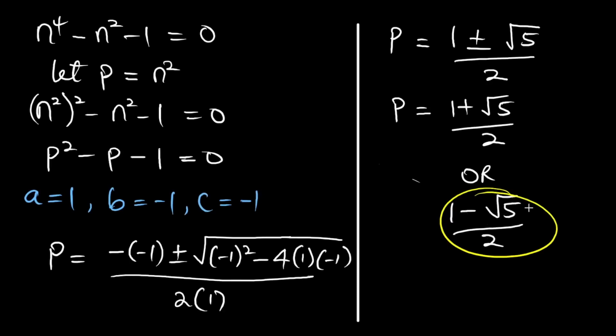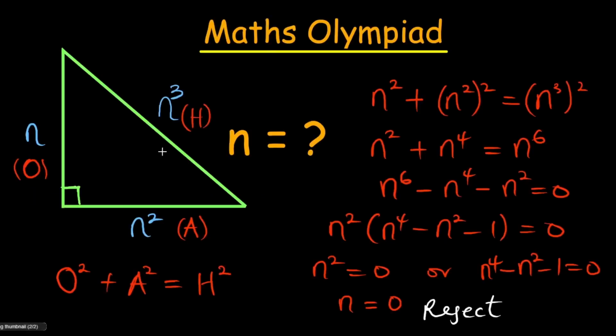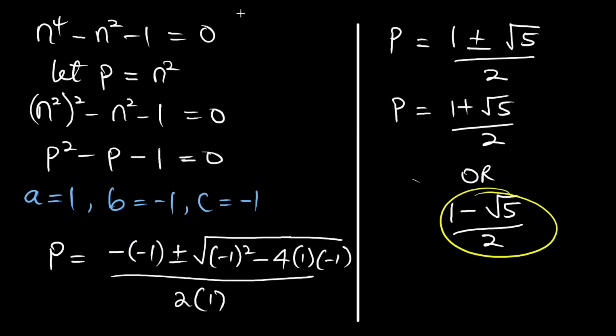So 1 minus 2 point something is going to give us negative. And here is the thing. So if we come back to this right angle triangle, the value of n cannot be negative, right? The length of a particular thing cannot be negative. So that means we are also going to reject this particular solution.